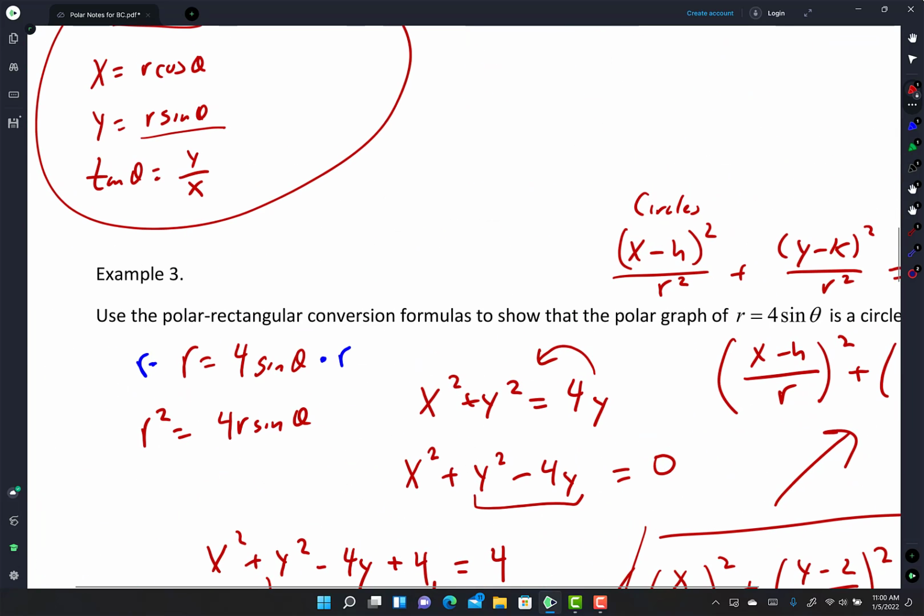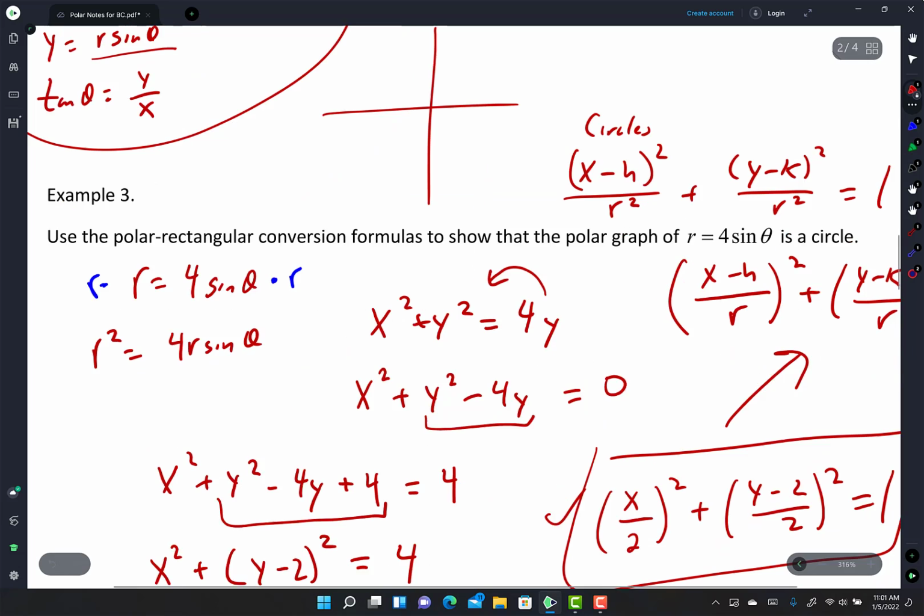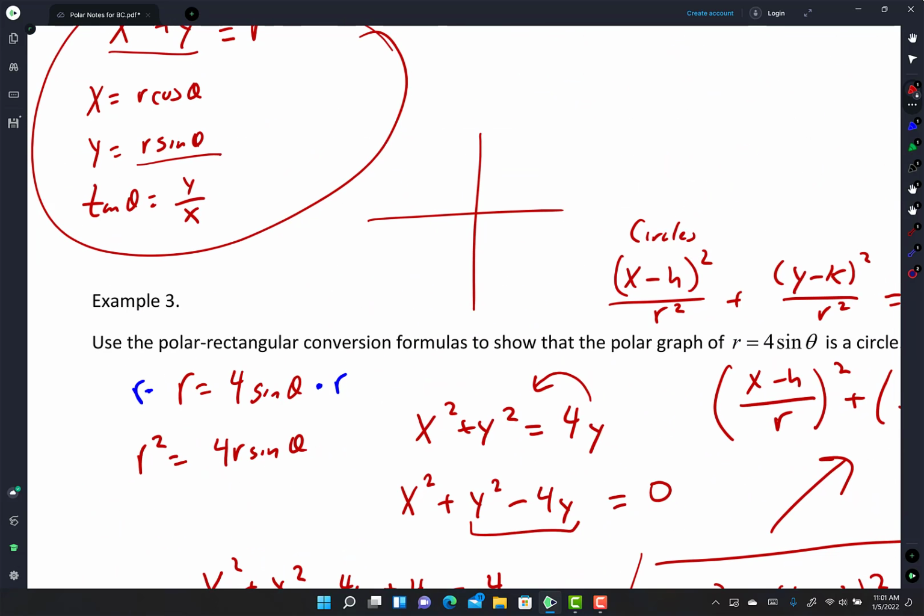So this graph looks like it's centered at 0, 2. In a little bit, we'll play with the calculator so you can see them.